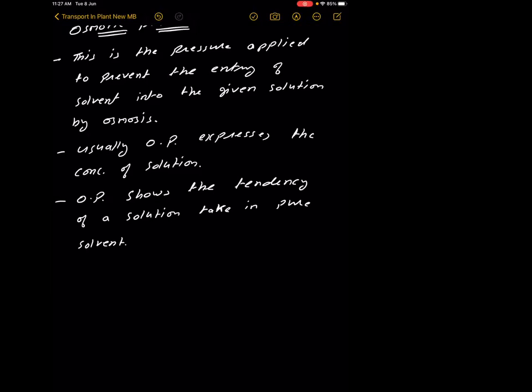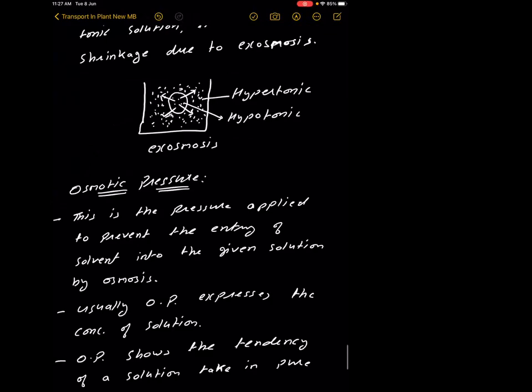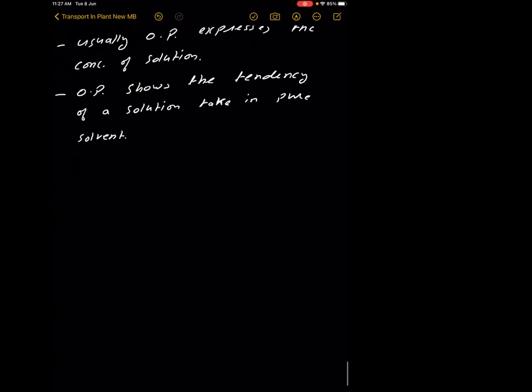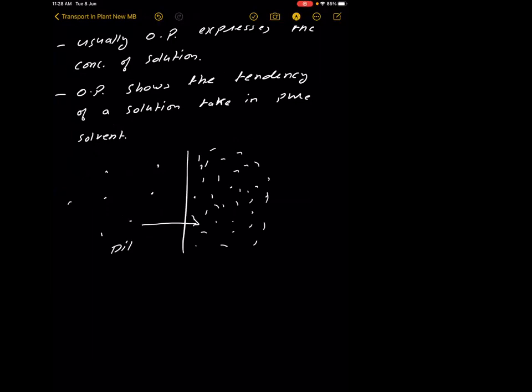Suppose this is osmosis: dilute solution, concentrated solution. We know water moves from the dilute solution to the concentrated solution. This is movement of water.